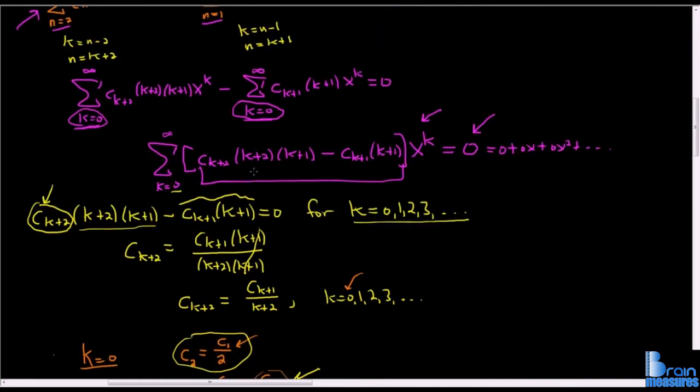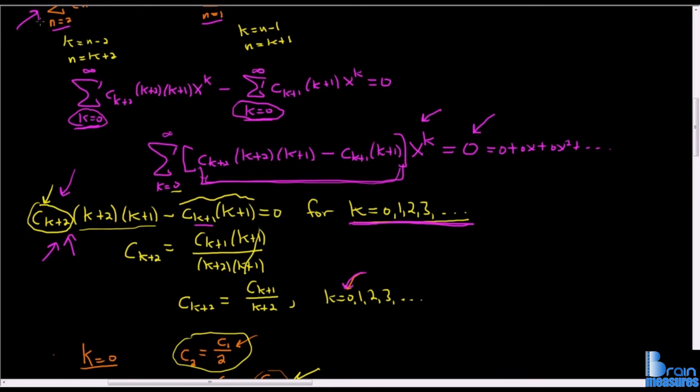You work it out. So you set everything equal to 0. Solve for the one with the highest subscript. So k plus 2 is bigger than k plus 1. So you solve for the one with the bigger subscript. Okay, and this is important, right? Don't forget to write this down. This tells us where to start, right?